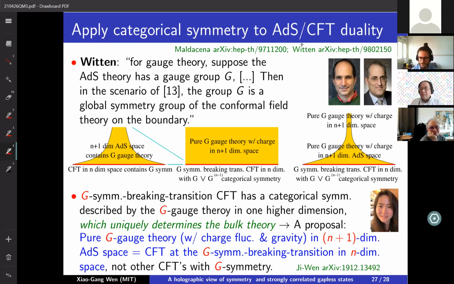But maybe I did not understand this part from your talk: does the conformal symmetry emerge also here? I'm not from condensed matter, you know.